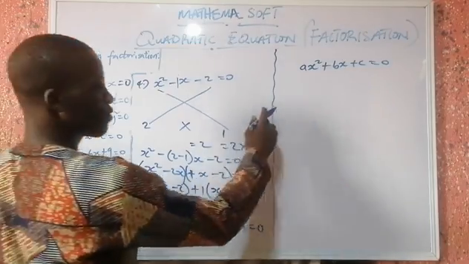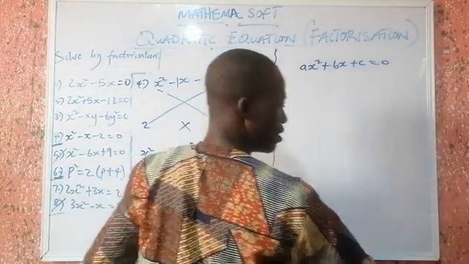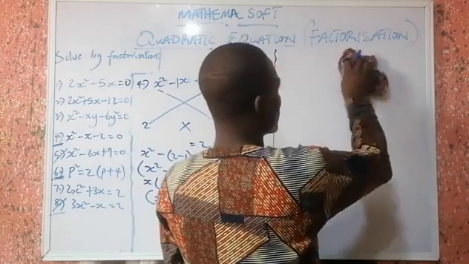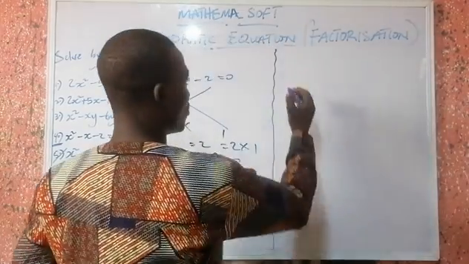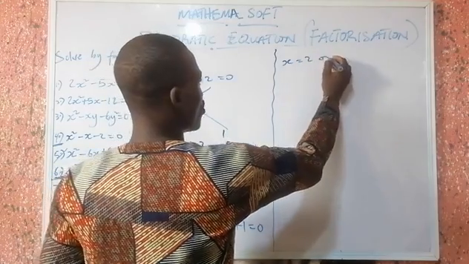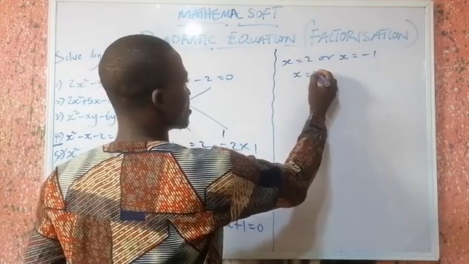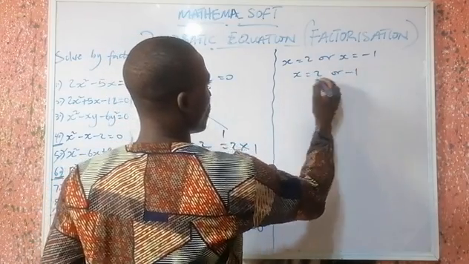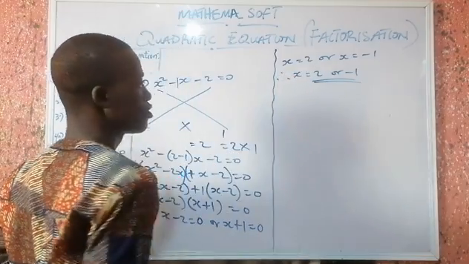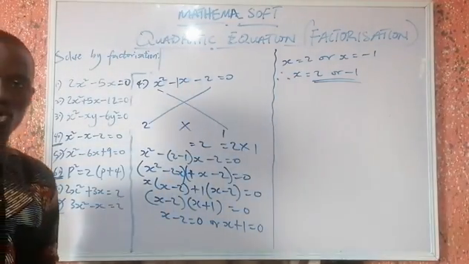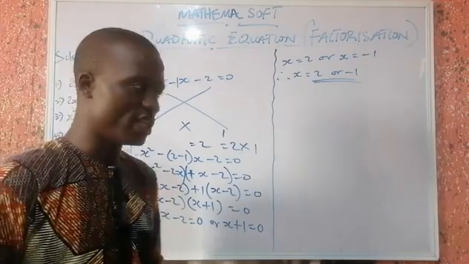And then from here, let me clean this. So I can say that x equals 2 or x equals minus 1. Then x equals 2 or minus 1. So this is the solution to question number 4.